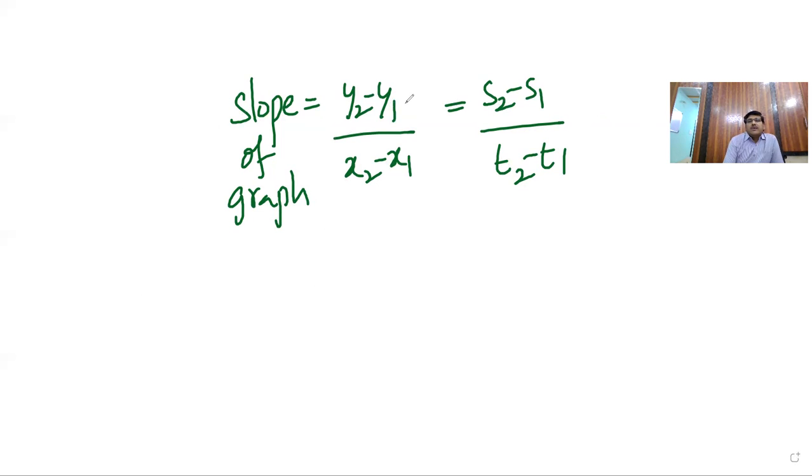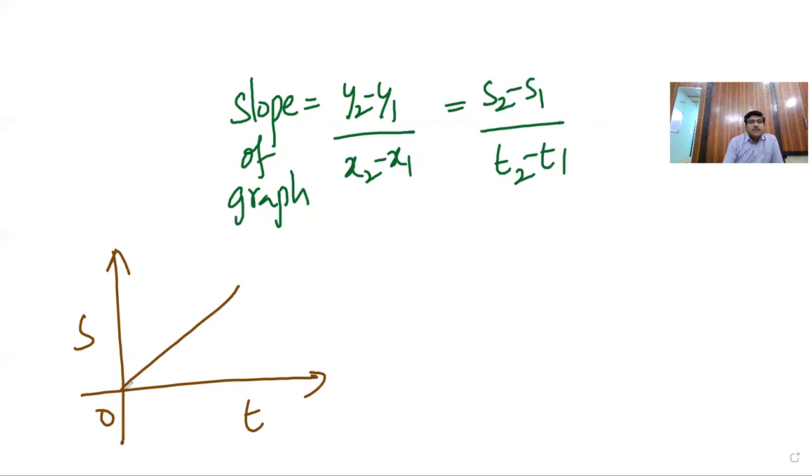Okay. Now observe. This is the graph. S, T, origin, here point A, and this is 12. This is also 12. Clear? What are the coordinates of A?